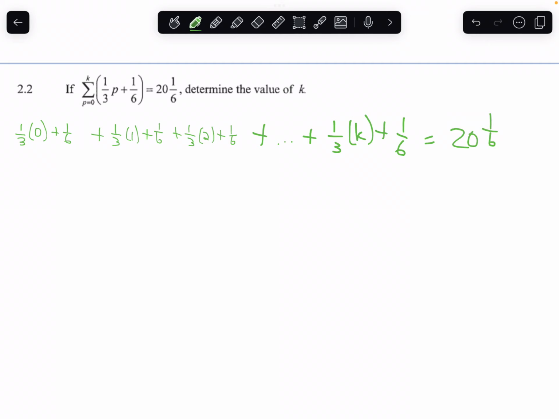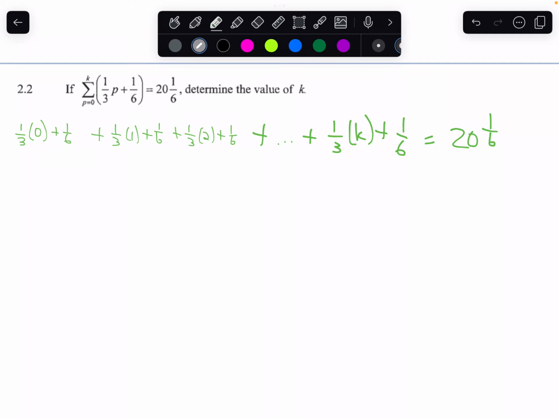Okay, so now the next thing I'm going to do is treat these as a couple, and evaluate what each term in the series comes to. So the first one is just going to be a sixth. The next one will be a third plus a sixth, which is a half.